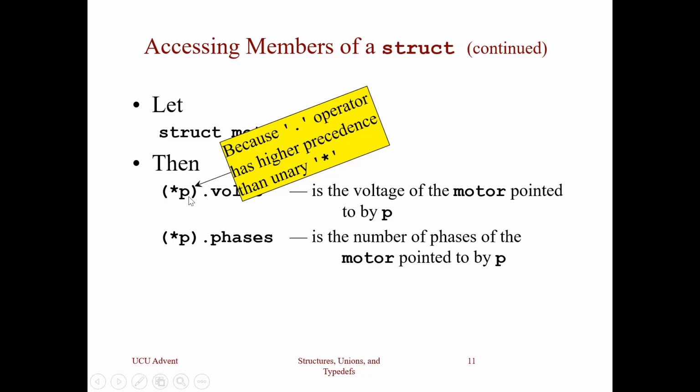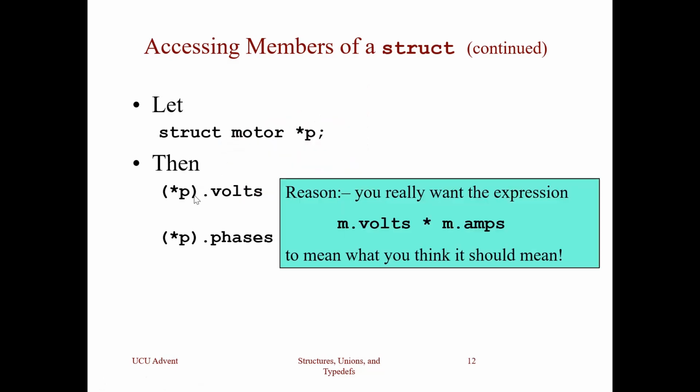So this is a pointer pointing to P, and we need to use the parentheses so that it has a higher precedence when calling this variable. The reason is you really want to express something like that, to mean what you think it should mean.